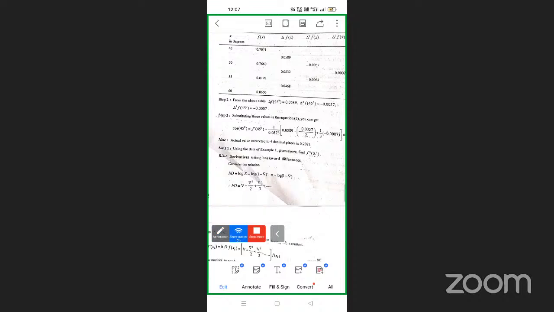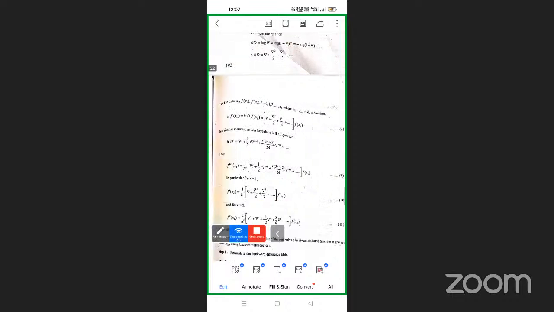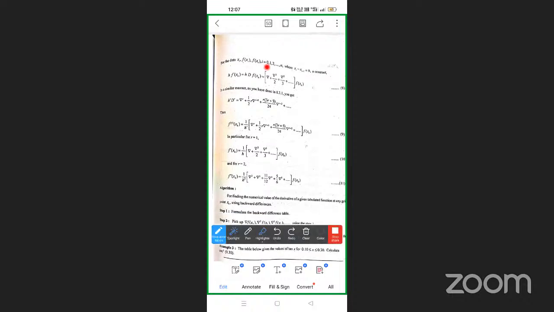Now backward differences: derivatives using backward differences. Here the formulas are also the same, with small changes. For the first derivative, f dash of xk is equal to 1 by h, nabla plus nabla square by 2 plus nabla cube by 3. In the previous formula, it was 1 by h delta minus delta square by 2 plus delta cube by 3.